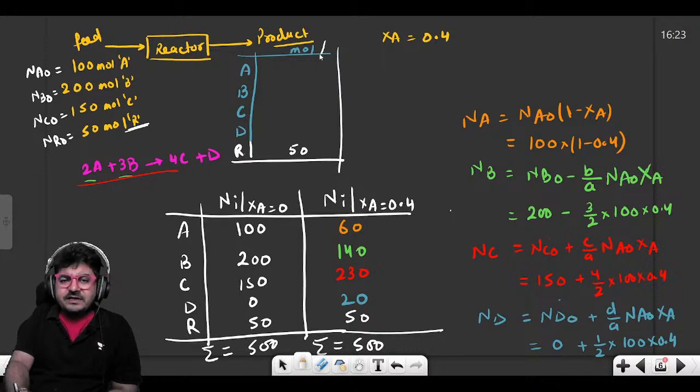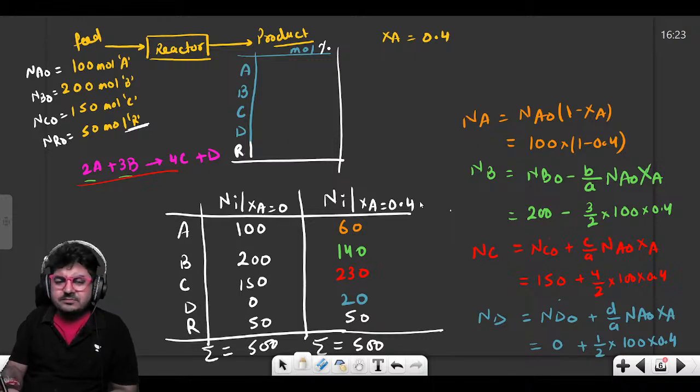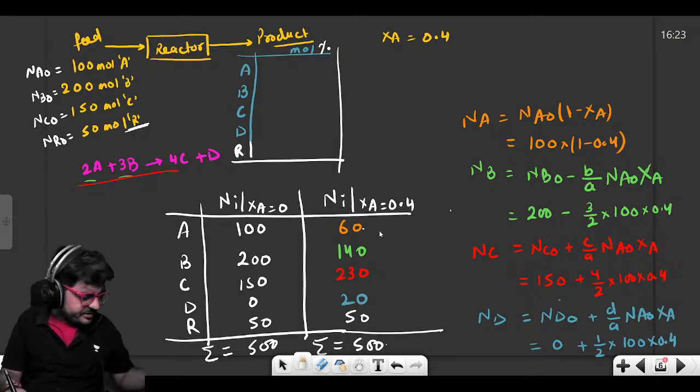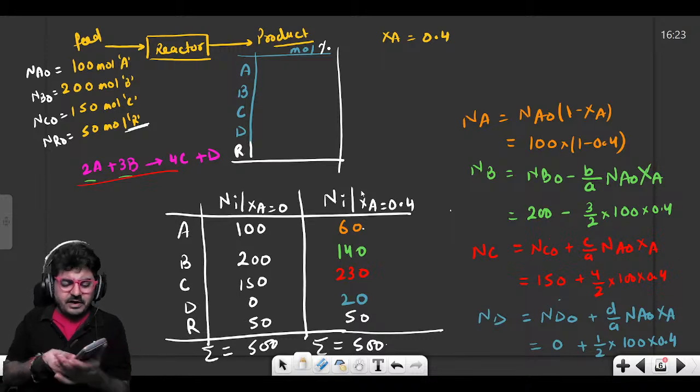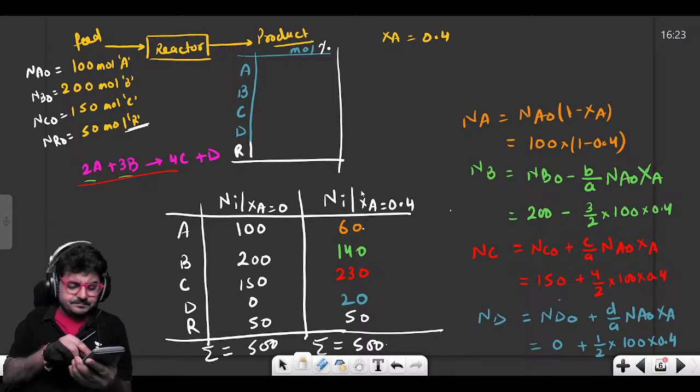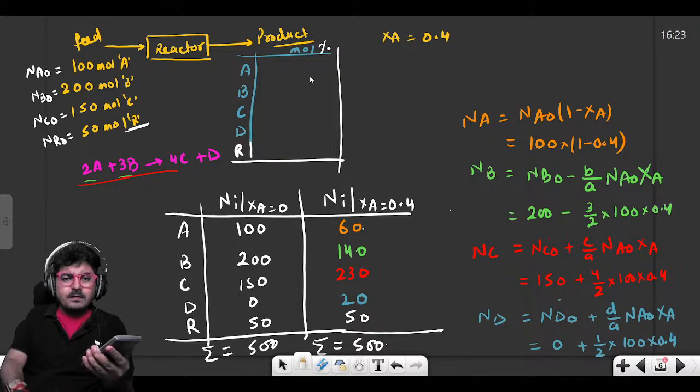What is the mole percentage they are asking? You know, molar composition means the mole percentage of each and every component. So you know how to calculate that: moles of component divided by total moles into 100. So you can calculate like this. For A, it will be 12%.